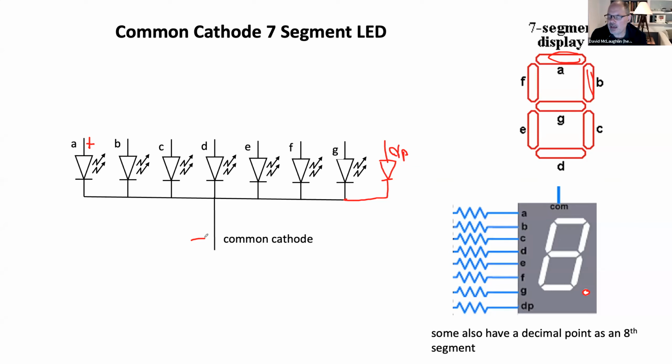The ones that you actually have in your kit are white, so they'll glow in a white color.